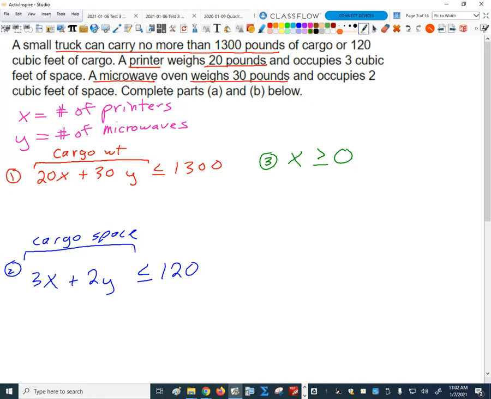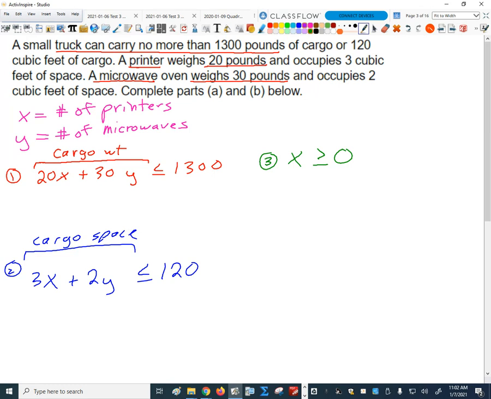Yeah. Okay, does that make sense? So that's saying x could be 0 or it could be greater than 0. That makes sense, right? The number of printers could be 0. Maybe he's transporting no printers. That's possible. Or maybe he's transporting some positive number of printers, but x could never be less than 0. That would be a negative number of printers, which makes no sense, right?